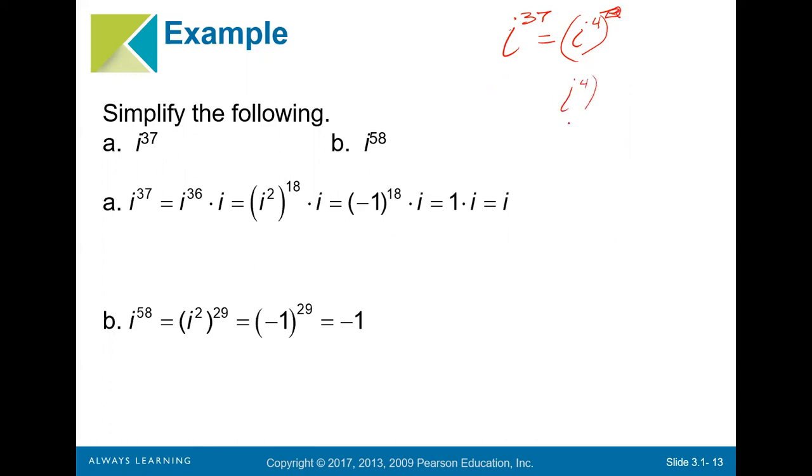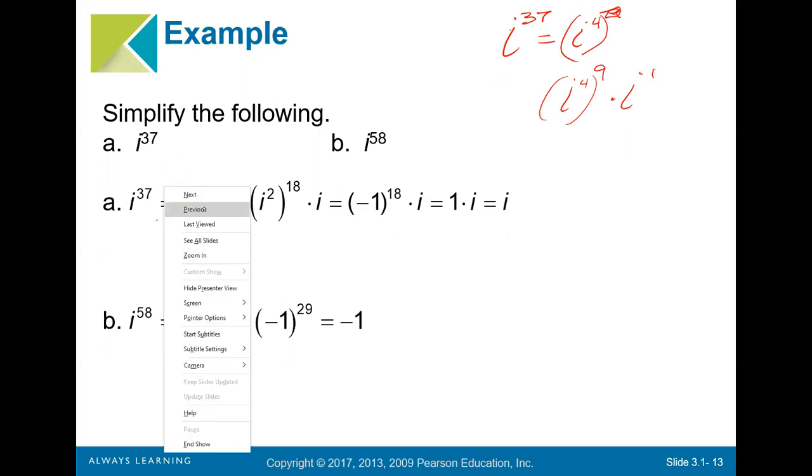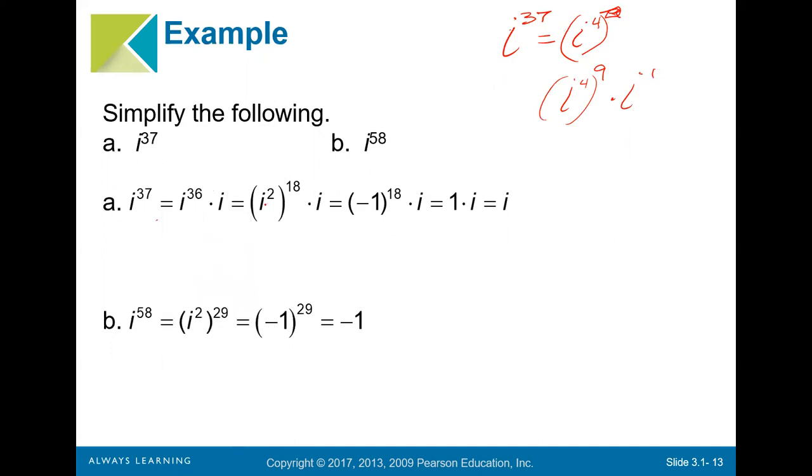It's a little messy. 4 times 9 gives me 36, leaves me with 1. So they went about it a little bit different. They said we can do 2 to the 18th. You could do that if you want to as well. But I like to use 4 if possible, because what is 4? i to the 4th is 1. Let's make it easy as possible. So 1 raised to the 9th power is just 1. 1 times i gives me i.